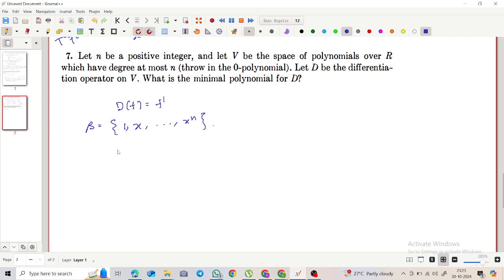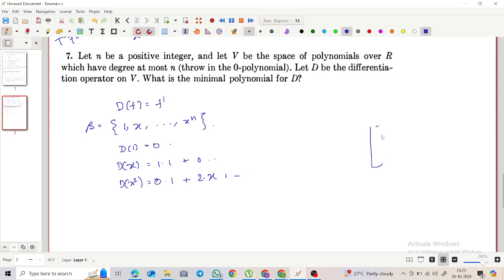And as she is saying, D1 is 0, Dx is 1 into 1 plus 0 into x, Dx square is 0 into 1 plus 2 into x, and so on.